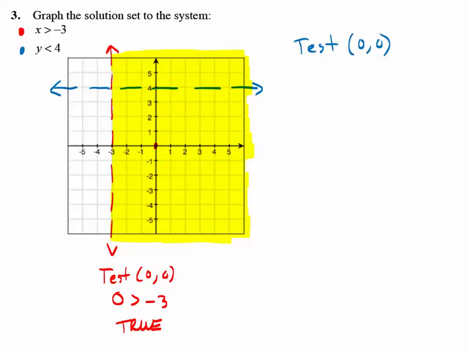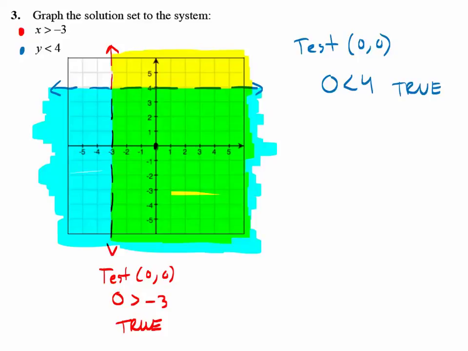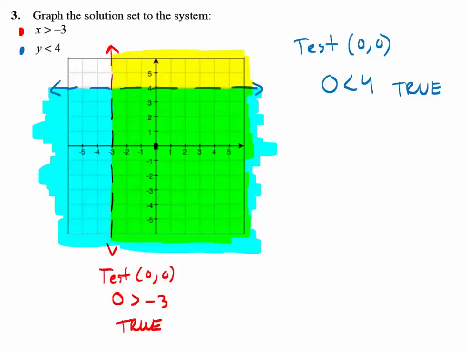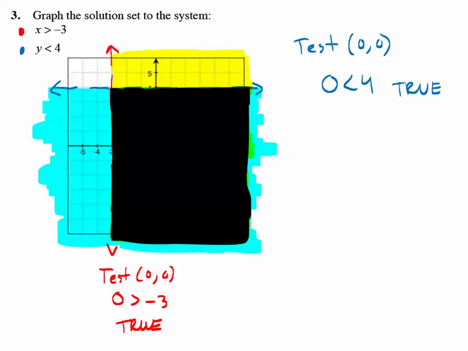But again, if you want to just test 0, 0 just to make sure, 0 is less than 4, that is a true statement. Therefore, we're going to shade down from our line. And so the shade that we want is just this little box right here. Let's see, and having the corner negative 3, 4 is the corner right here.